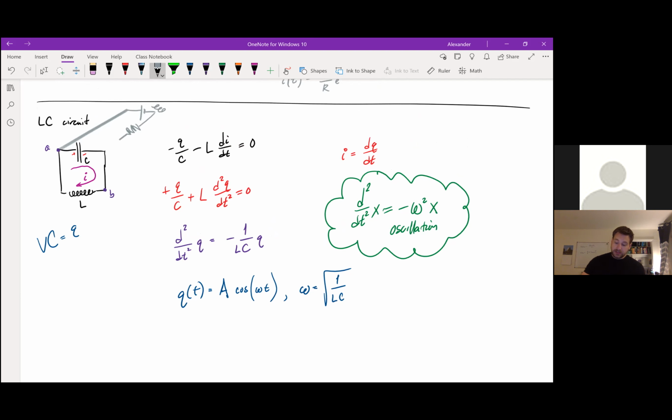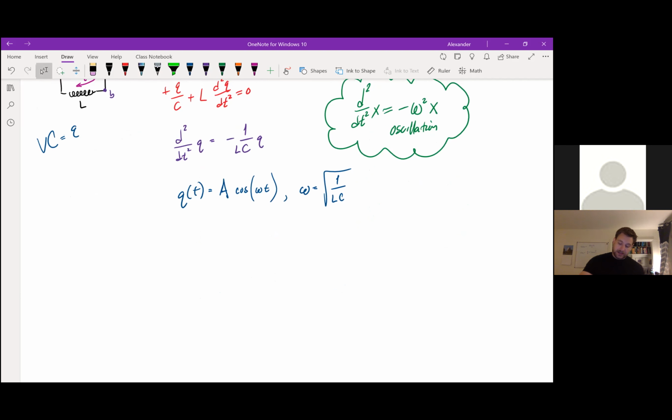So we could express the amplitude as, let me use this color, C EMF cosine omega t.